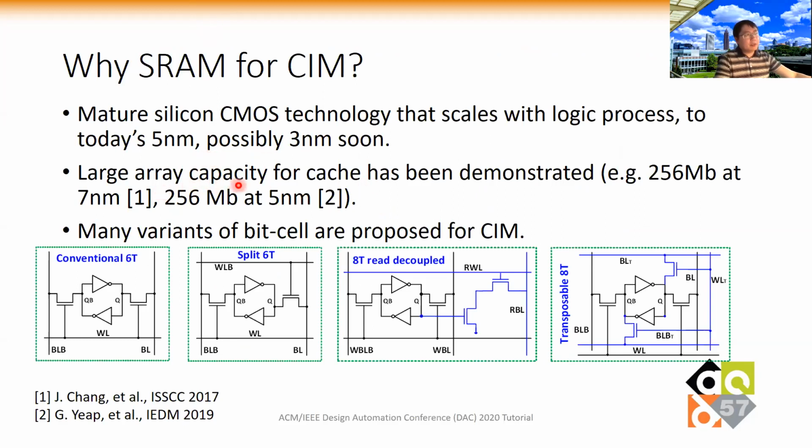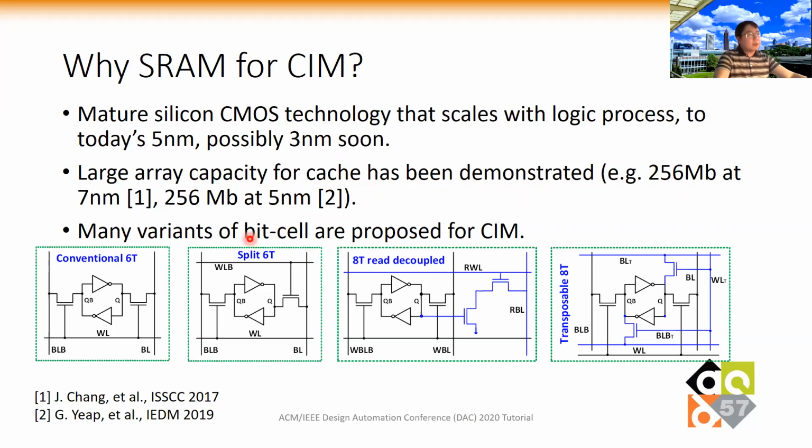And very large capacity has been demonstrated for cache. For example, at 7 nanometer or 5 nanometer, 256 megabits has been demonstrated with SRAM technology. So SRAM actually extends well if you think about the advanced technology nodes.